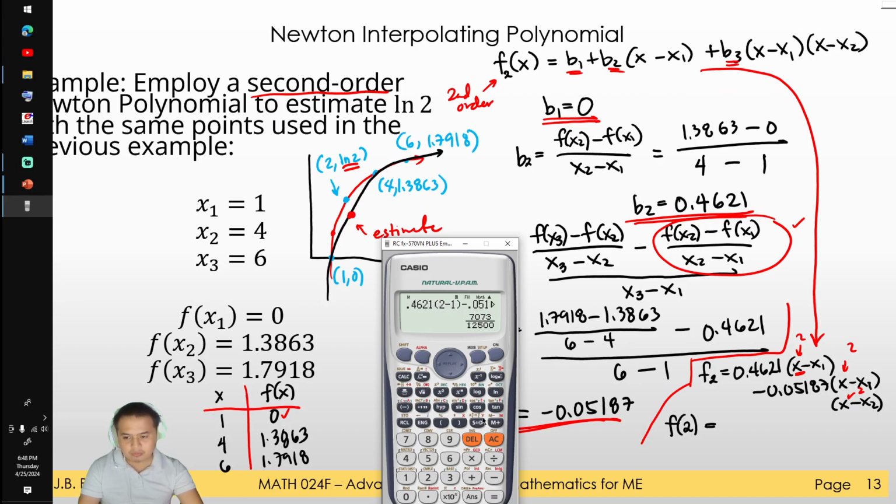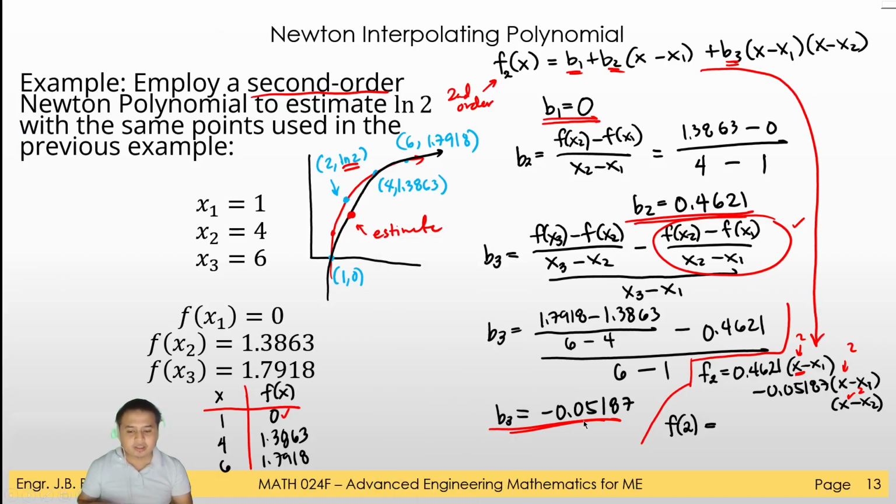So you will have an approximation of 0.5658. So you have 0.5658 as your approximation. As you can see, the exact value of ln 2 is about 0.6931.